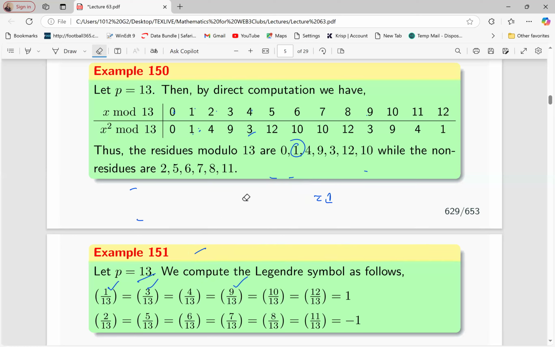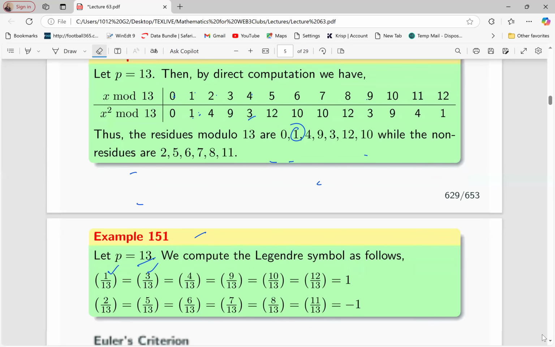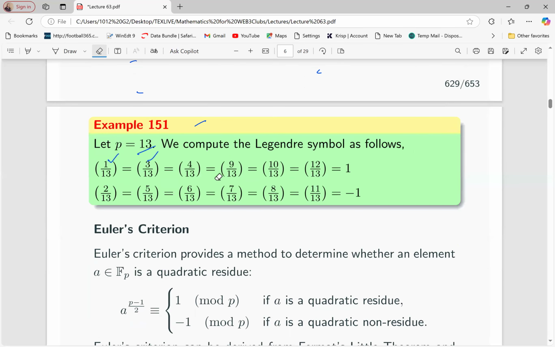To do that, we use Euler's criterion to calculate what I've just calculated here. And what does Euler's criterion say?